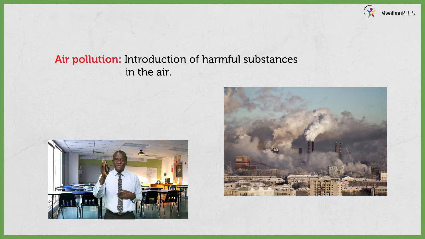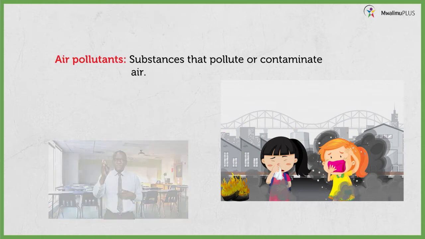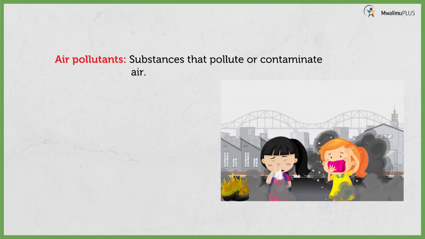So the substances that I'm talking about are known as air pollutants. And I hope if you are very keen, you are seeing some things there on the screen. What are they? Very good learners. From the screen, we have like tires burning, we have industry there, we have smoke, we have somebody having difficulty in breathing.